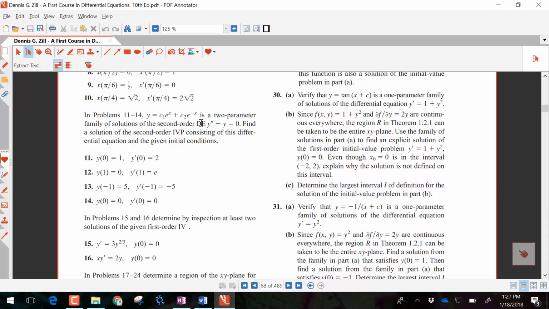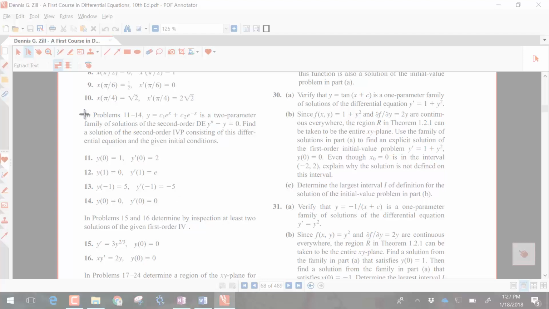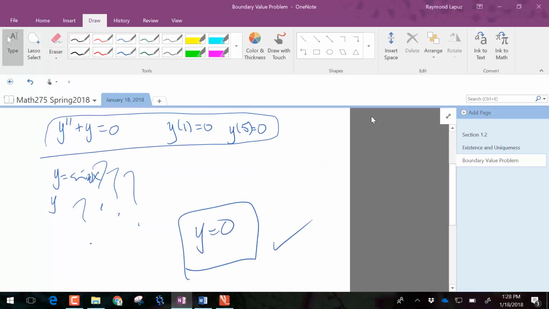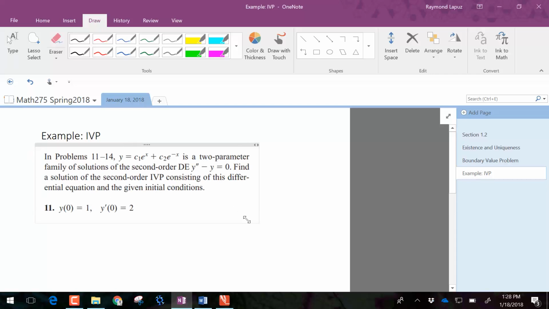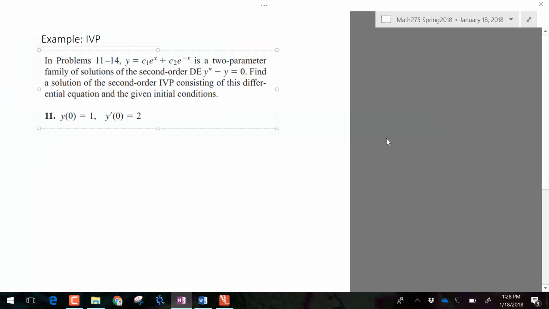So we have a two-parameter family of solutions for the differential equation. They want us to find a solution for the second order IVP consisting of the differential equation and the initial conditions. So we're going to go back to an IVP example where we're supposed to be guaranteed that a solution is going to exist and it's going to be unique.